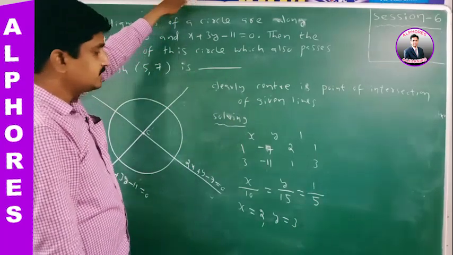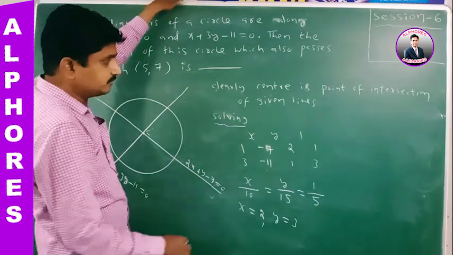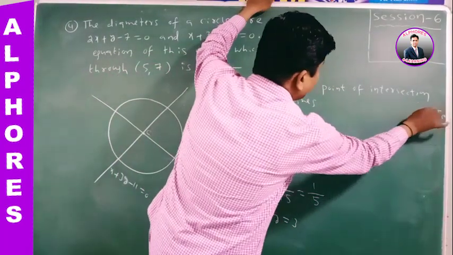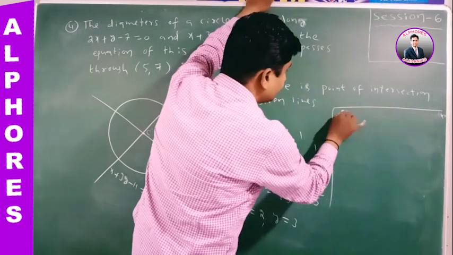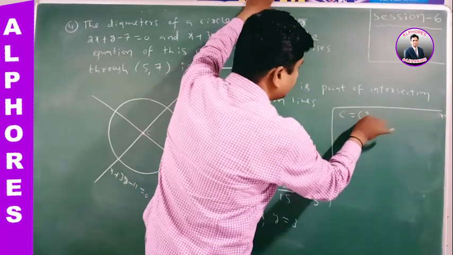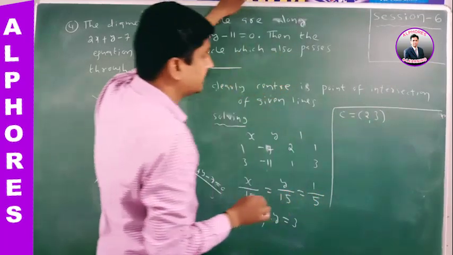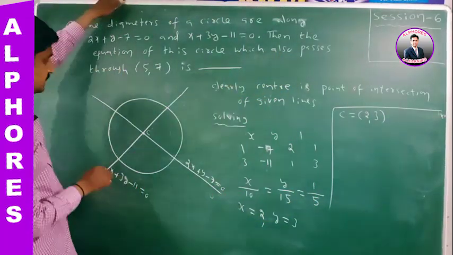Therefore the center of the circle is (2, 3). Center completed.